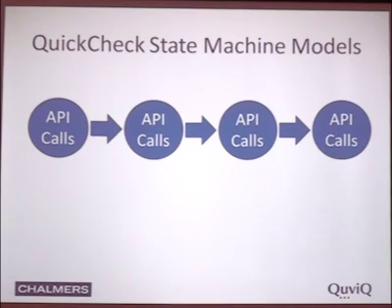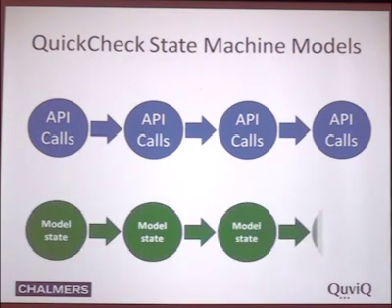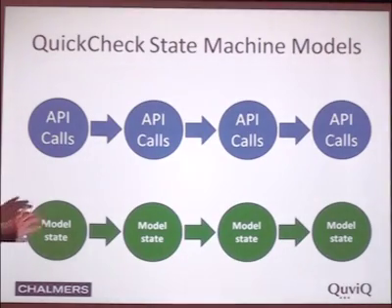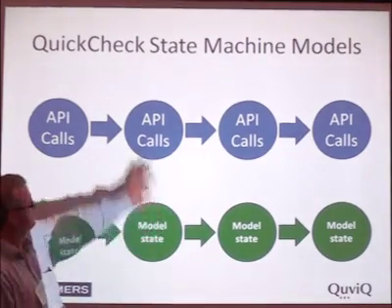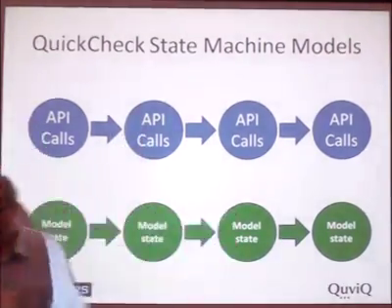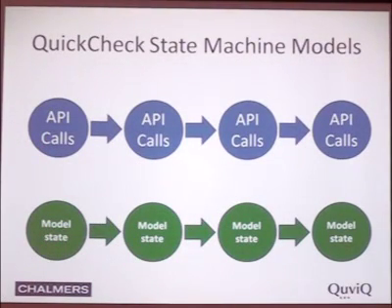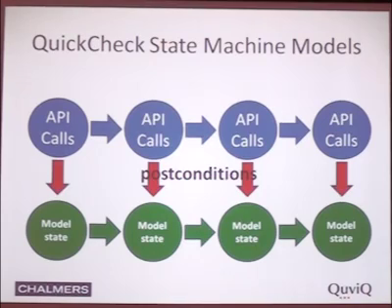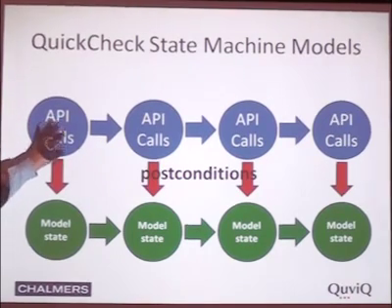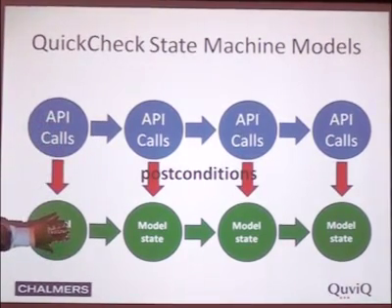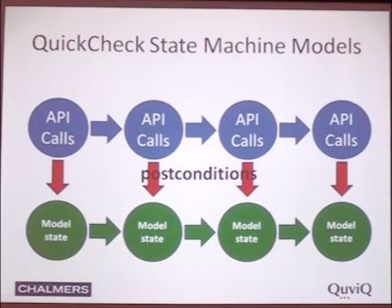We also model the state of the system under test, and we define how the model state changes as each API call occurs. And then we write post conditions that compare the actual results of each API call against the model state that we think we're in. And that way we can discover if there's an inconsistency.